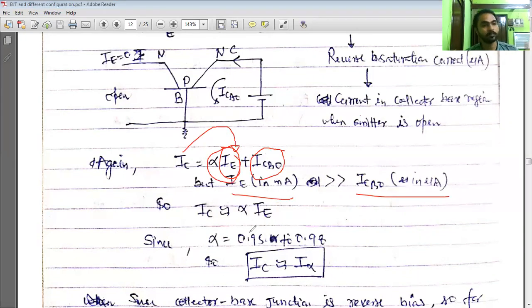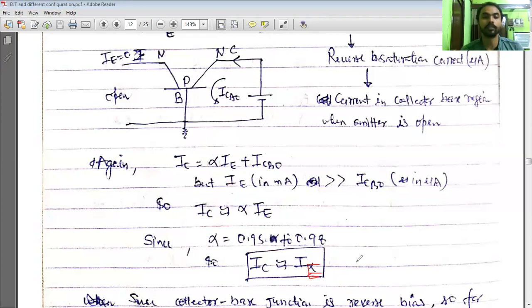Since alpha is very close to 1, my IC is very similar to IE. There's a mistake written here; it's IE. I will ask the students to change this in your notes. So the output current is very nearly equal to the input current.